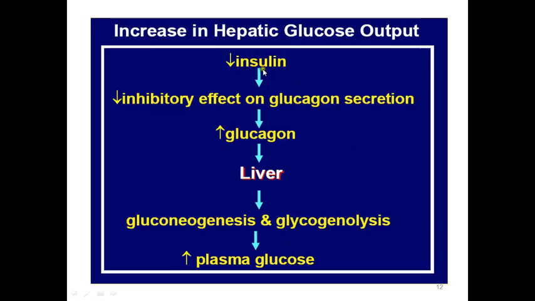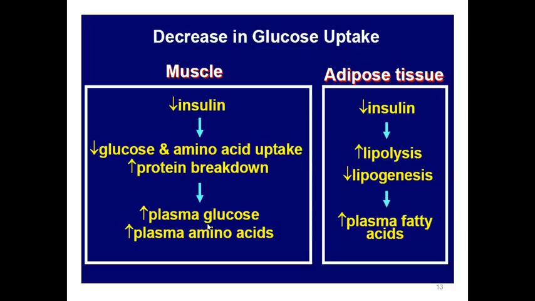Decreased insulin causes a decreased inhibitory effect on glucagon secretion, thus increasing glucagon. This increase in glucagon acts on the liver, causing gluconeogenesis and glycogenolysis, which both result in an increase in the plasma glucose level. So one way of having hyperglycemia is increased production of hepatic glucose under the influence of glucagon.